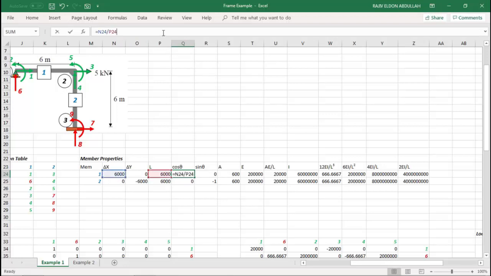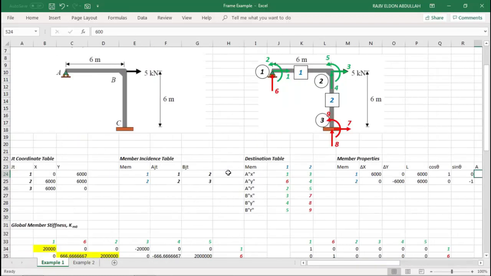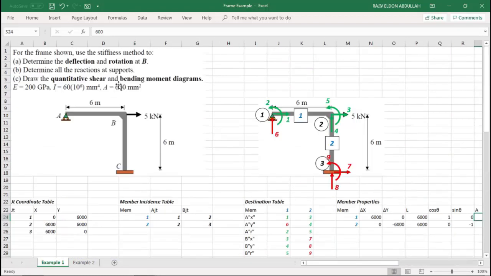Then you also need cosine theta. So again, that's delta x over L. Then you have sine theta. That's delta y over L. Okay. The area is given in square millimeters here, here. I is also given, E is also given. So I is already in millimeters.